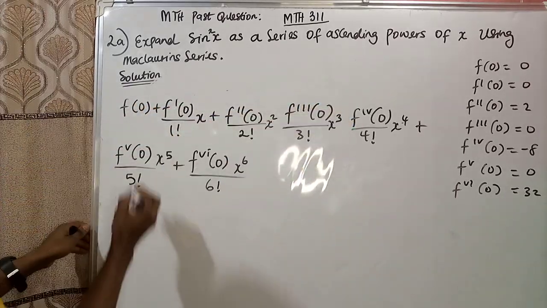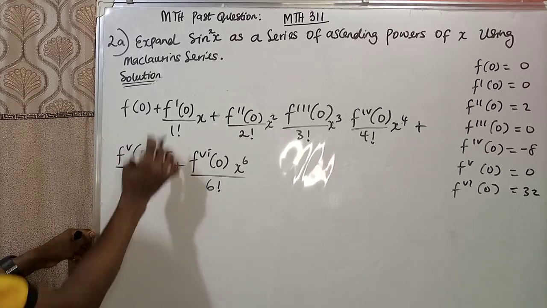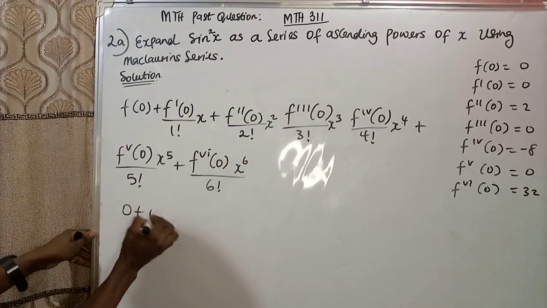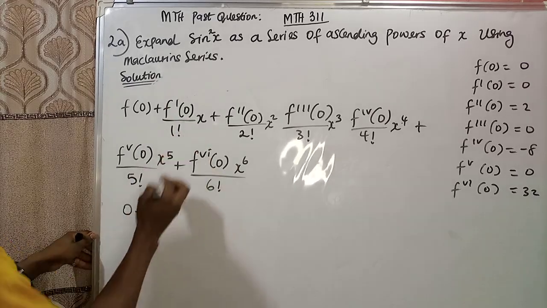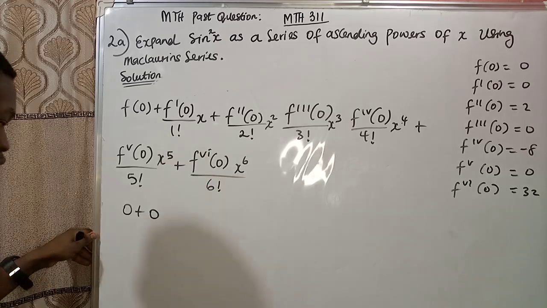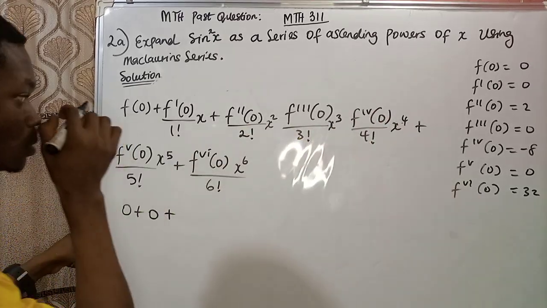So we can just get started. F of 0 is what? 0. Are you seeing it? F of 0 is 0. We put 0 plus f prime of 0 is what? 0. 0 divided by 1 is 0. So 0 times x, 0. Plus f double prime of 0, 2.